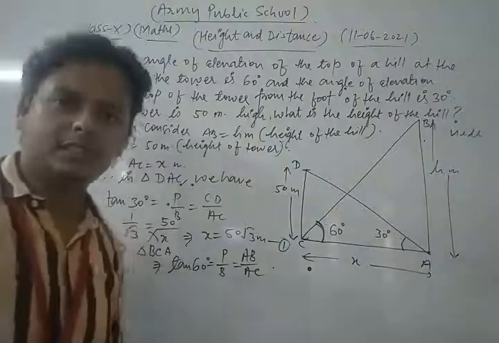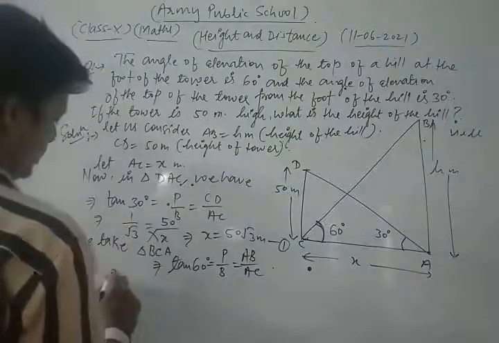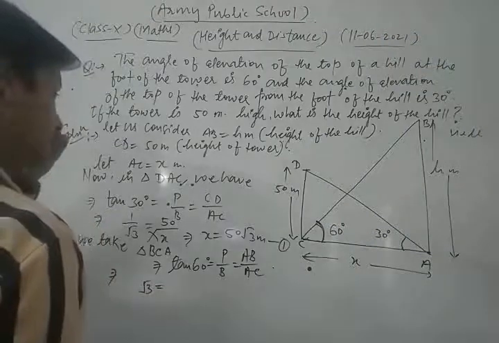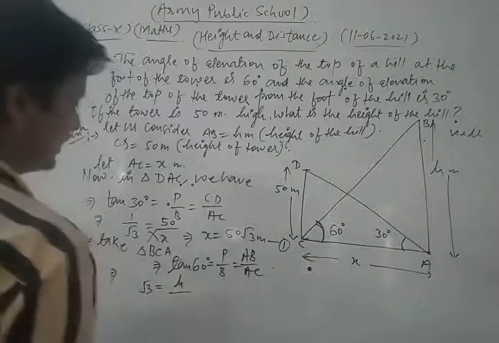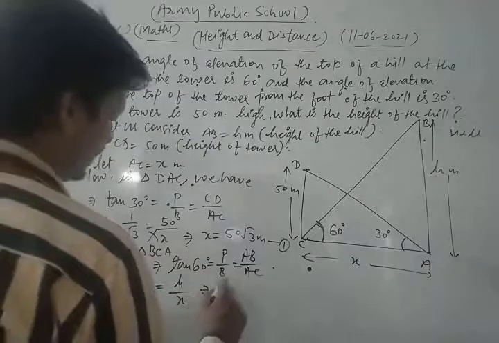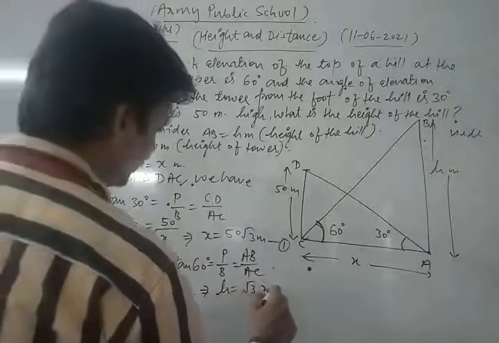Now you know that the value of tan 60 degrees is root 3. So here we put root 3 is equal to AB, which is H, which we have to find, upon AC, which is x. Now we do the cross multiplication, so H is equal to root 3 into x.